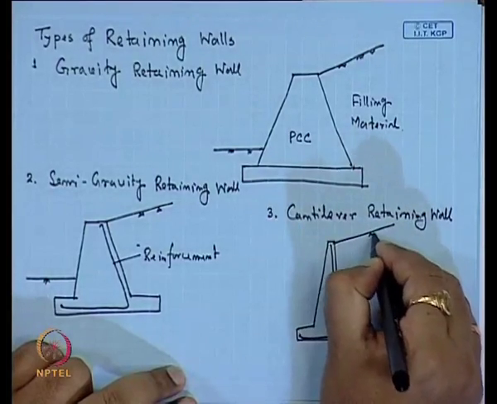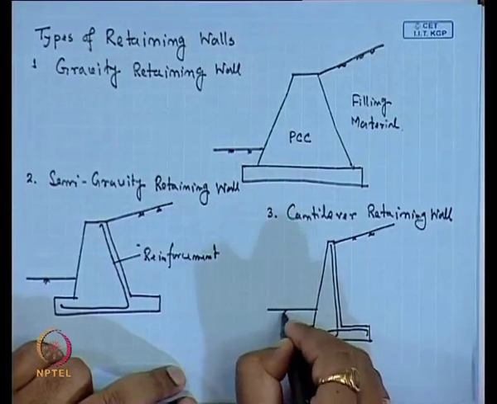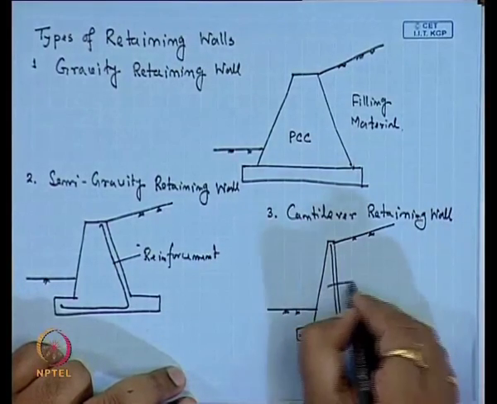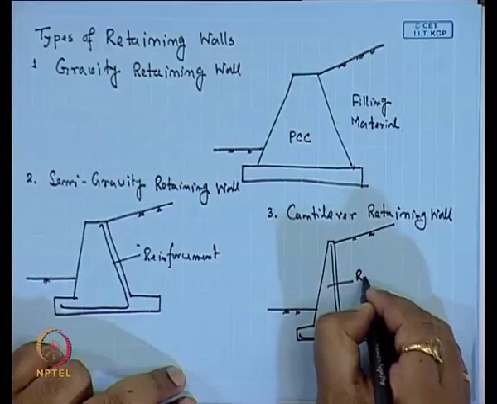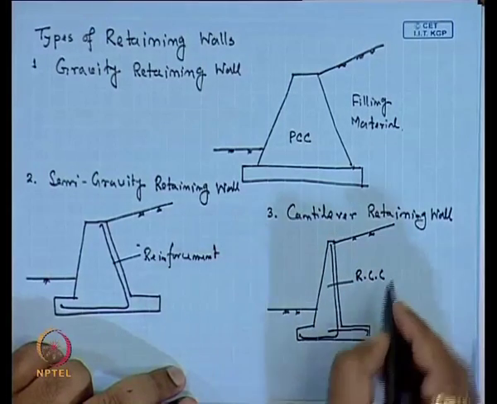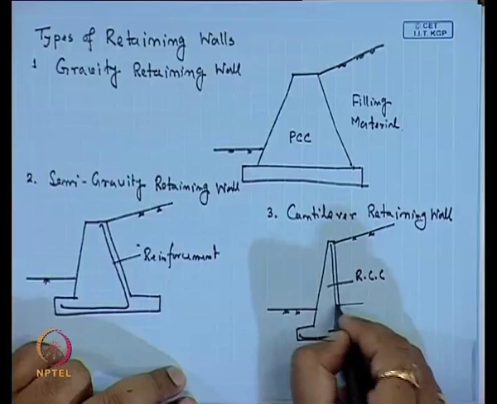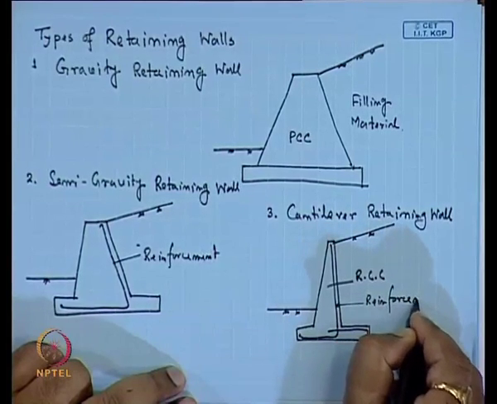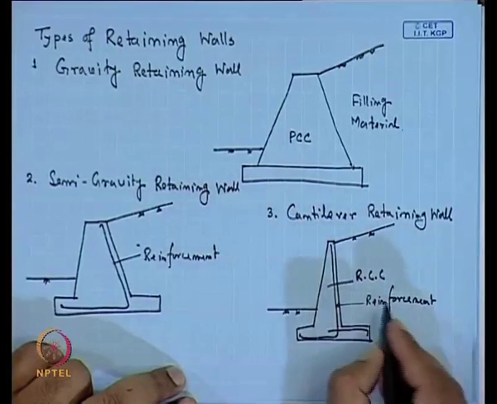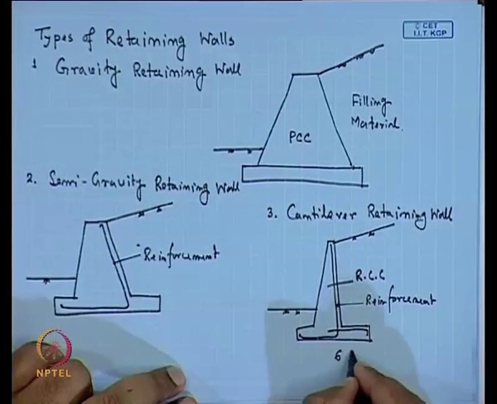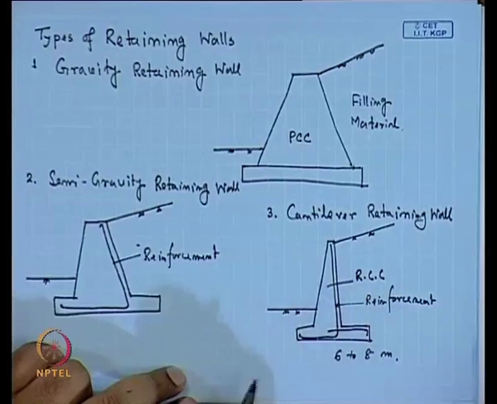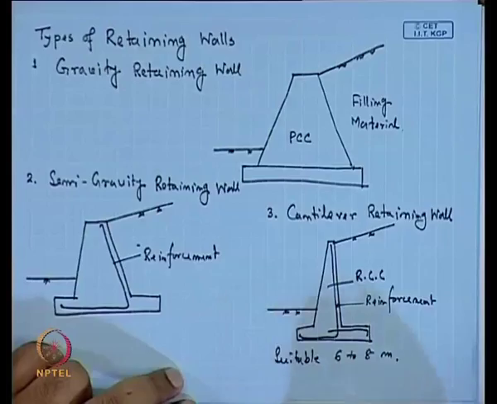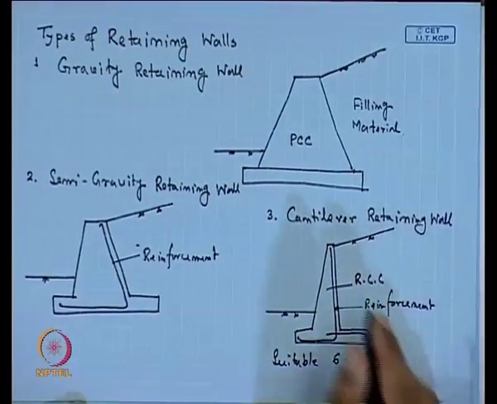So, this is the ground surface. Now, this type of retaining wall is made of RCC, reinforced cement concrete, and these are the reinforcements. It is suitable for a height of 6 to 8 meters.